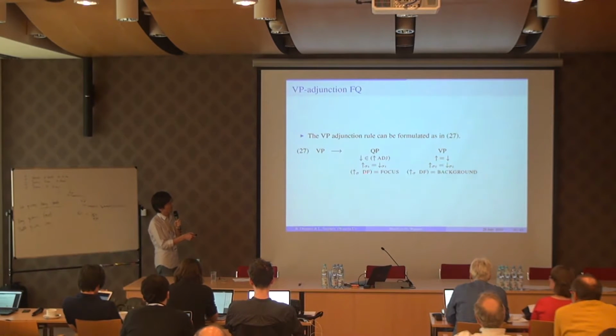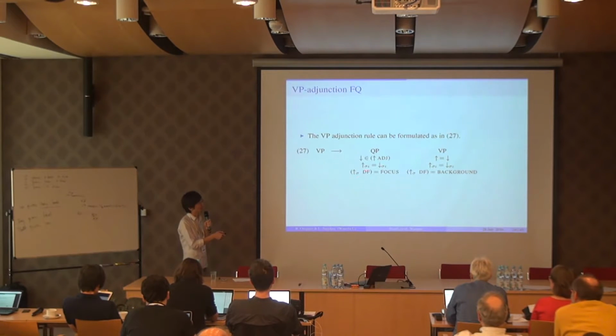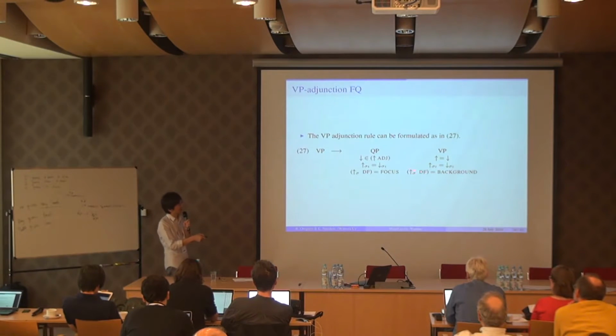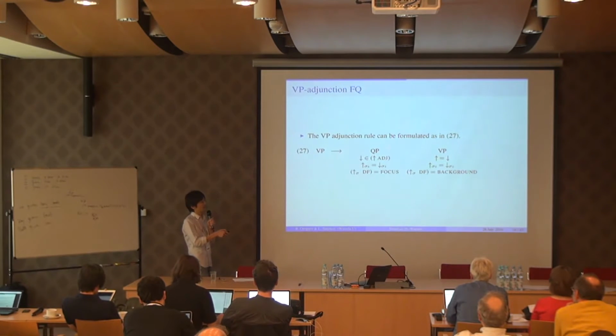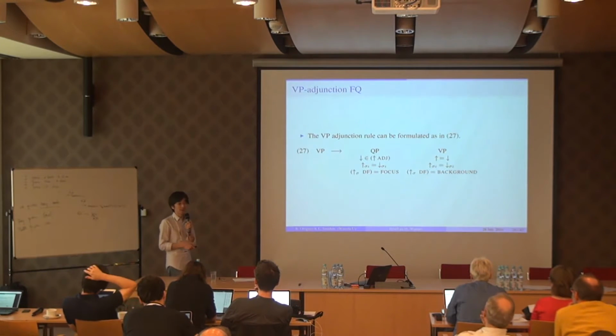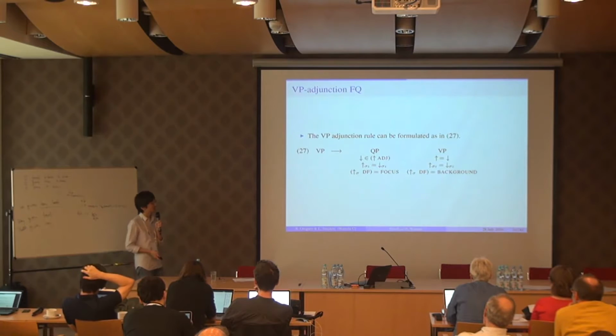So the value of DF is determined in the phrase structure as focus. And because this is a focus, the following part, the adjoined VP, becomes a background. So those values are determined by the phrase structure. Obviously the prosody comes in too, so the prosodic prominence is probably placed on the DP too. But in principle, we can decide the DF values, the information structure values, in the phrase structure.